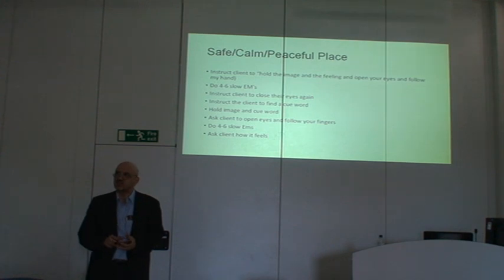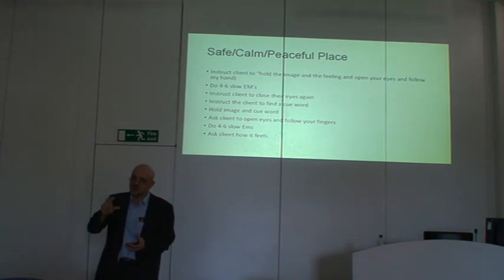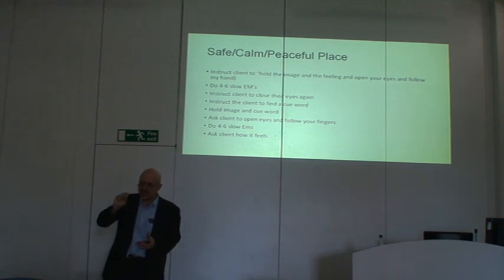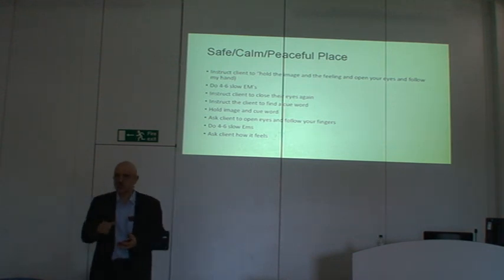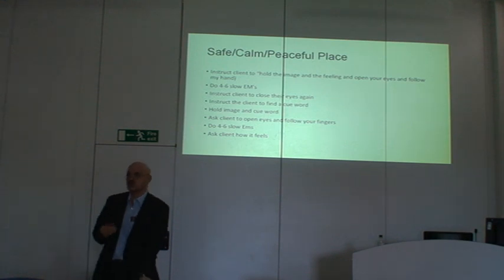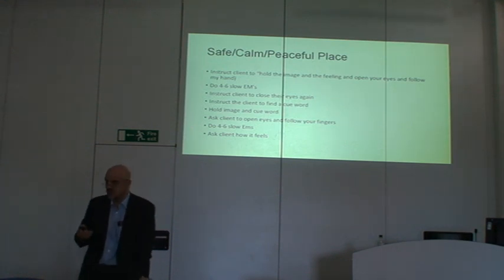Then after that, we instruct them to find the cue word and then use it themselves in a mildly troubling situation to see if they could use the safe place, triggered by the cue word, to help them reduce the disturbance caused by the mildly disturbing situation.